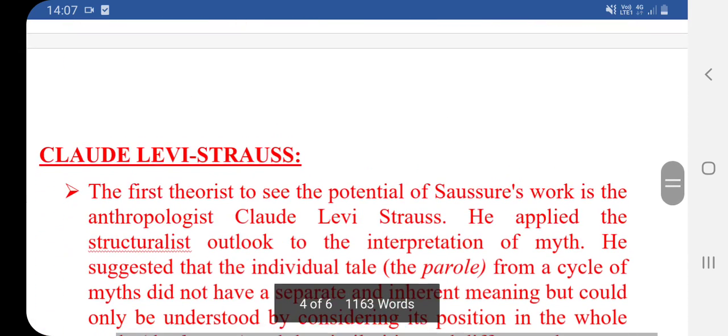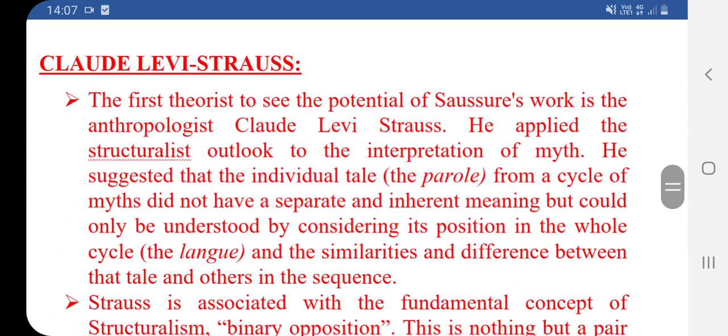Now move on to the next critic, that is Levi Strauss. Levi Strauss was the first structuralist to see the potency of Saussure's work in his study of anthropology. We all know that Claude Levi Strauss is an anthropologist critic. So what Levi Strauss did is that he took the idea of Saussure and put it in his interpretation of myths.